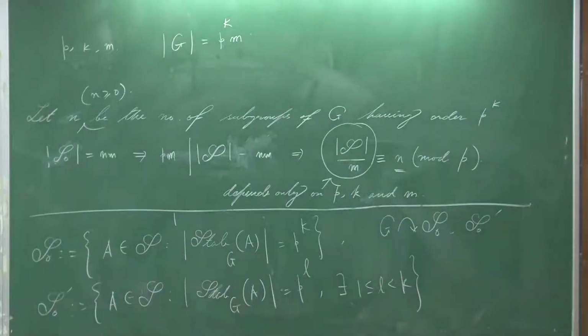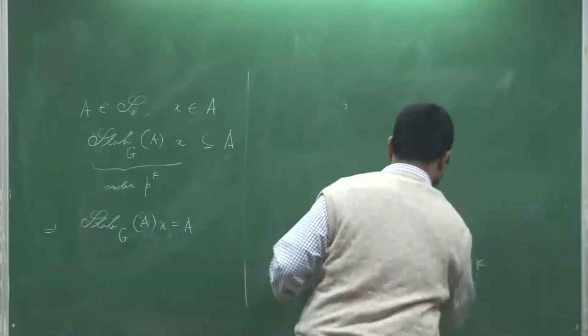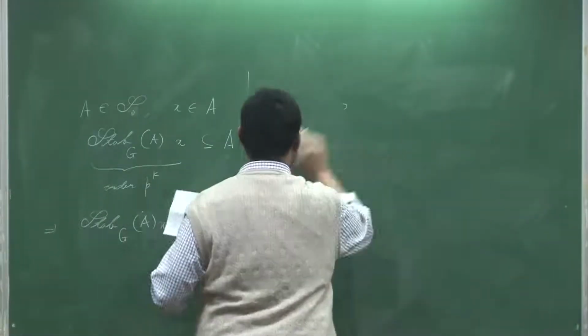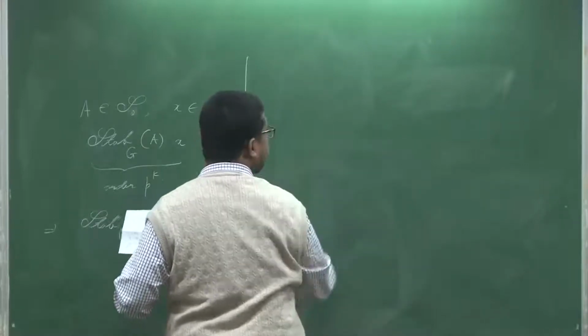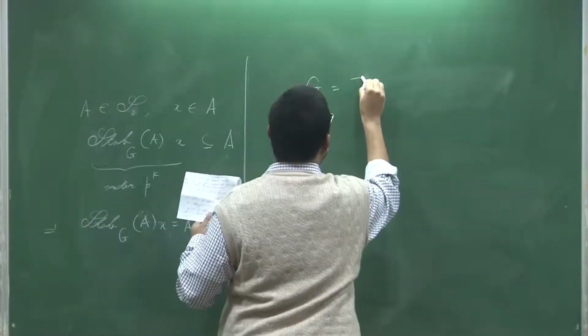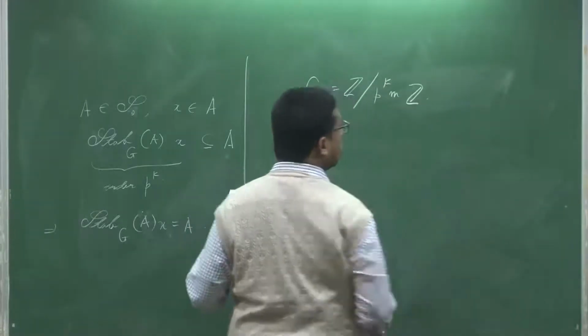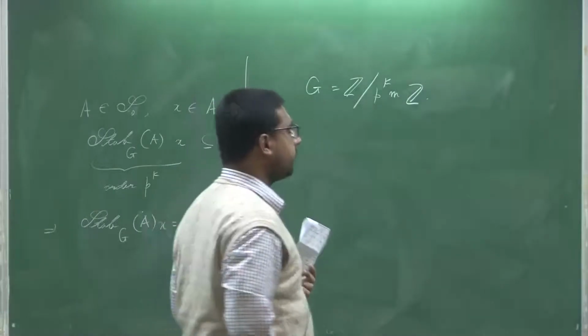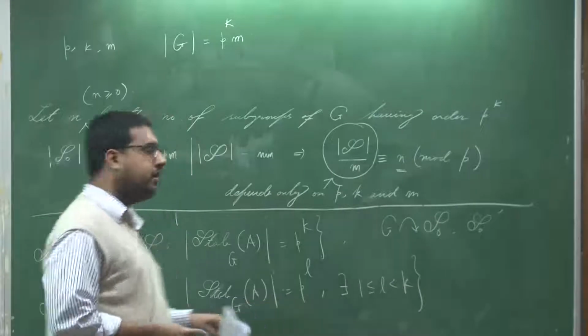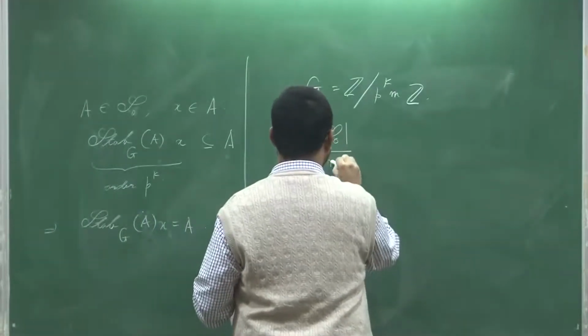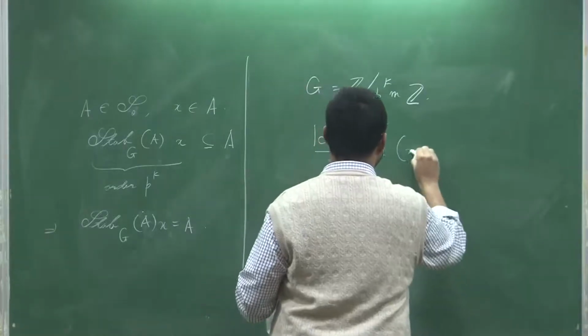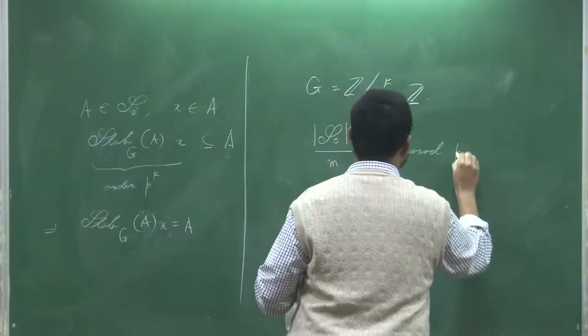So, in particular if we take G to be the cyclic group, then certainly for a cyclic group this n is 1. So, this quantity there we find is congruent to 1 mod p.